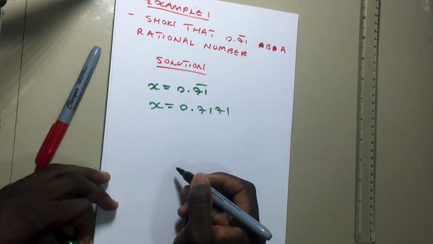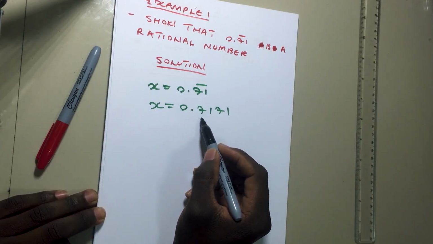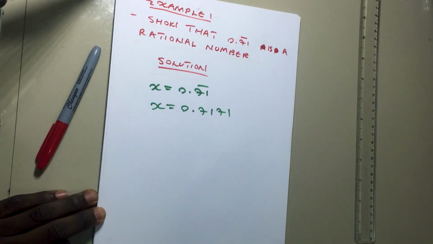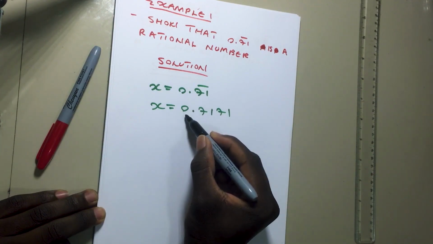It just means that 71 is recurring, so we could continue writing 71, but we're just going to end here. The next step is to multiply both sides by 100. The reason we multiply both sides by 100 is that there are two repeating decimal places, so we need to move the repeating part to the other side.